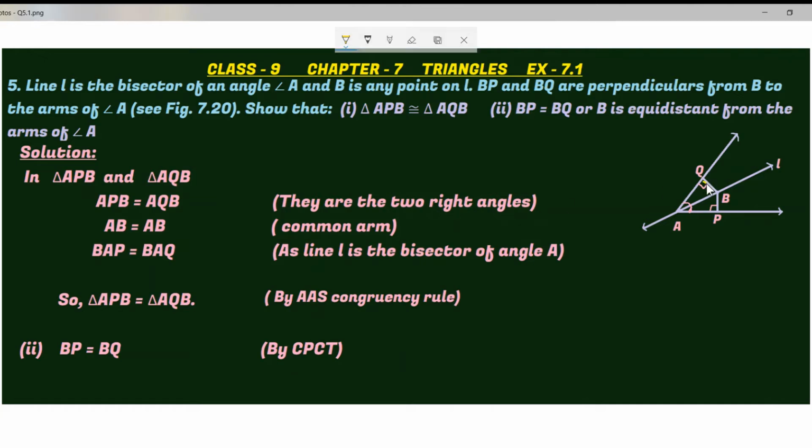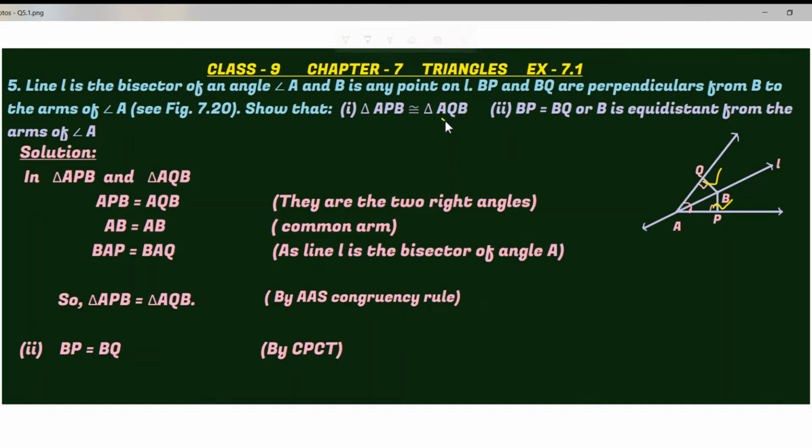And AB is equal to AB, this line is common for both triangles. And angle BAP is equal to angle BAQ because line L is the bisector of angle A. So according to the angle side rule, we can say triangle APB is congruent to triangle AQB by the AAS congruency rule.